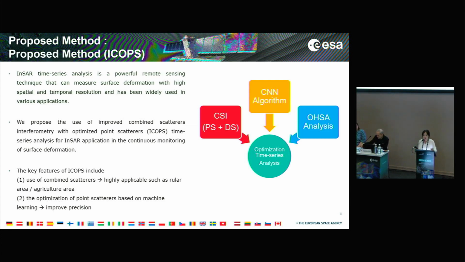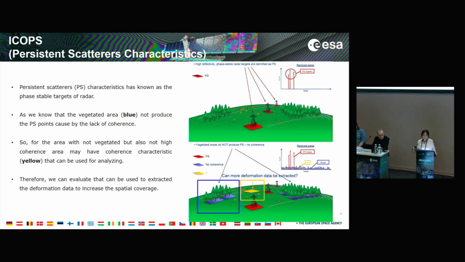ICOPS has two key points. First, use of combined scatterers. This advantage is highly applicable in areas such as rural or agricultural areas. And second, the optimization of point scatterers based on machine learning. This advantage improves precision. PS is known as persistent scatterer, a stable target of radar.